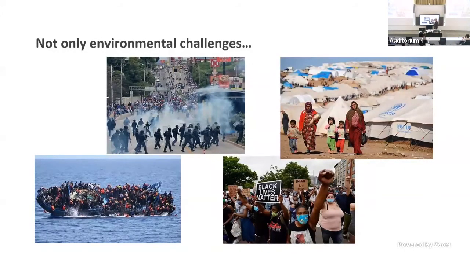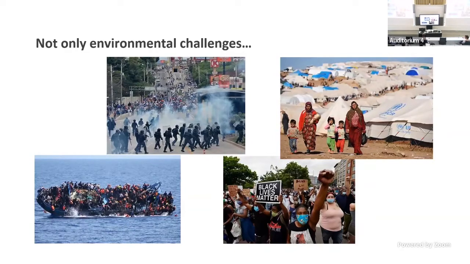So the prior couple of slides had to do with the environmental challenges, what we often call the E in the ESG, environmental, social, and governance issues. But as you know, there are other issues, of course. On the S part, the social issues, we have a bunch of things happening.